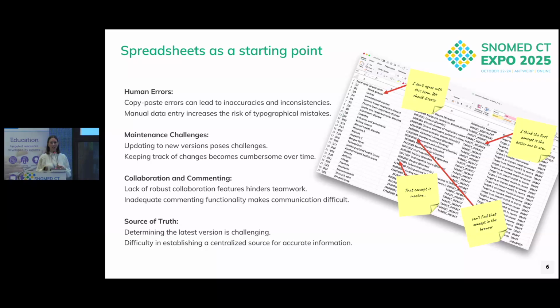There are also maintenance challenges when you come to use spreadsheets. How do you sort out new versions of the different terminologies? How do you keep track of any changes that happen over time? And also, how do you, who are creating the maps, collaborate to be able to work and discuss the map that's done?